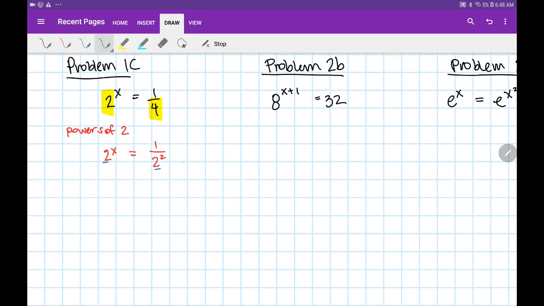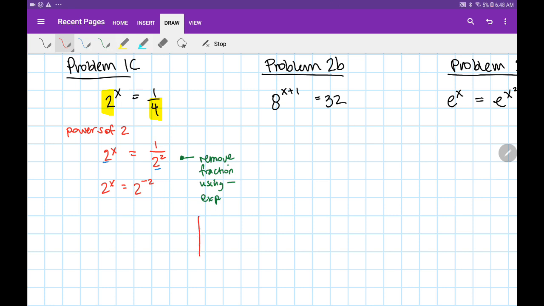Next step is I'm going to remove the fraction using negative exponent rules. So to get rid of this fraction, I'll rewrite it in the next step as 2 to the power of negative 2. Recall that a negative exponent means you're going to take the reciprocal. So it'll turn it into a fraction.